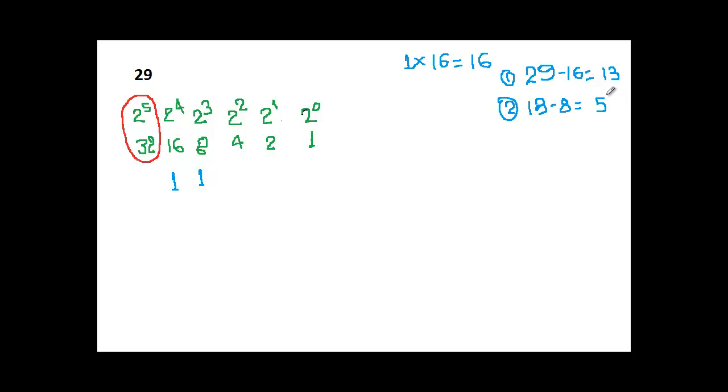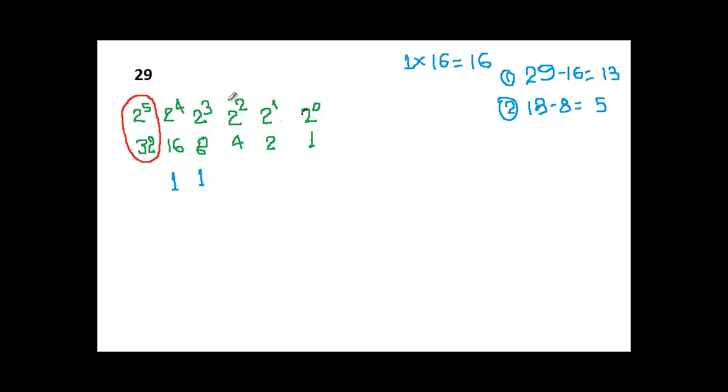Thus, now I want to represent 5 from these places. 5 is clearly greater than this number. So if I place 1 here, I repeat, this place value is smaller than what I wanted to represent.